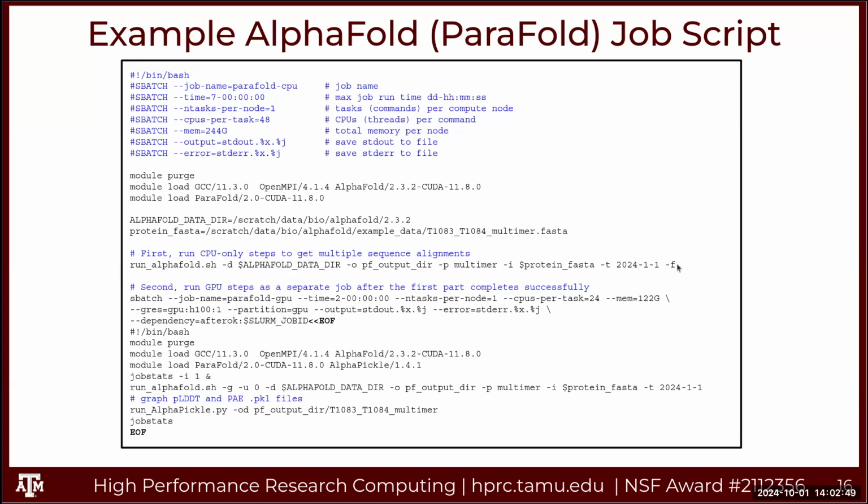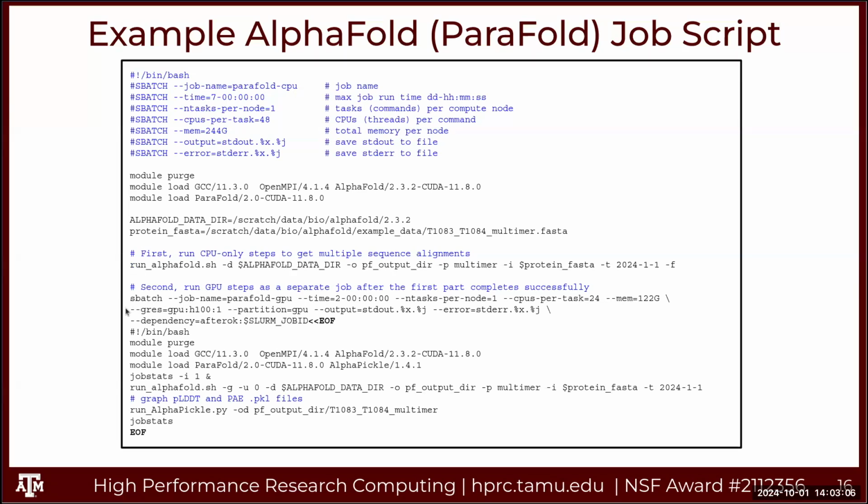This will run, and then once this command is complete, it will come to the next command. This is actually going to submit a job for you. It will submit the GPU job. If this fails, then this part doesn't get submitted.